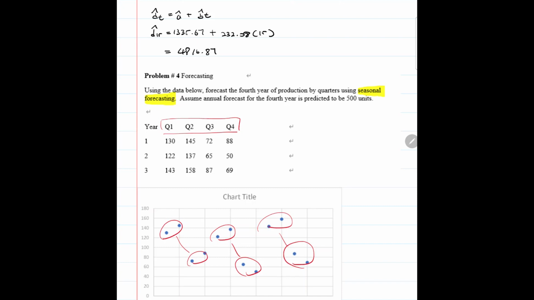The first thing we have to do is calculate the average value, which is gonna be the D bar. So the averages are 108.75, 93.50, 45.25.